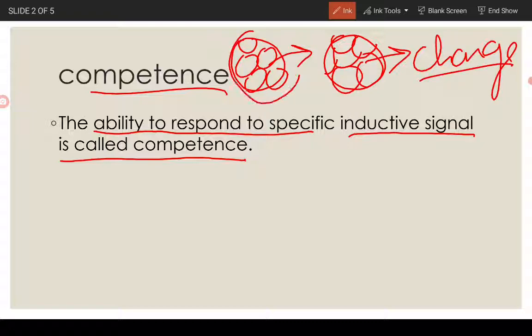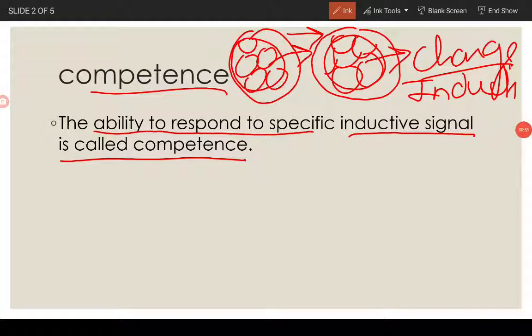So when a group of cells induces some change in another group of cells by producing growth factors or differentiating factors, that is known as induction.